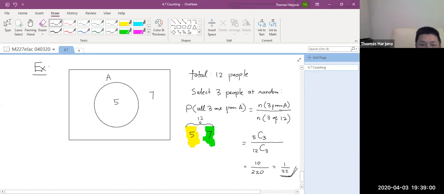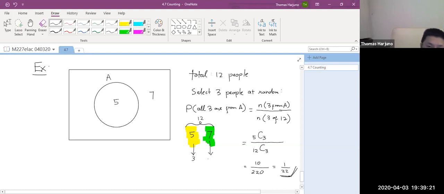Now, what is the probability that if I select 3 people, I get all 3 from here? When I say all 3 from here, how many from the 7?